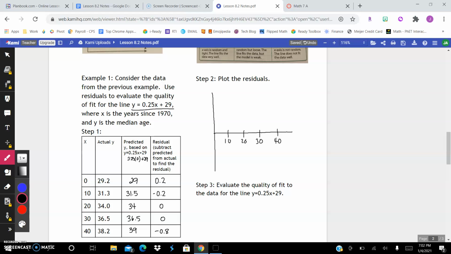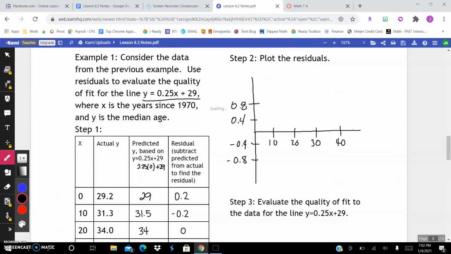So I think I'm going to go by 0.4s. That would be -0.4 and -0.8. And our 0, we got 0.2 right here. So 0 is 0.2, would be right there.